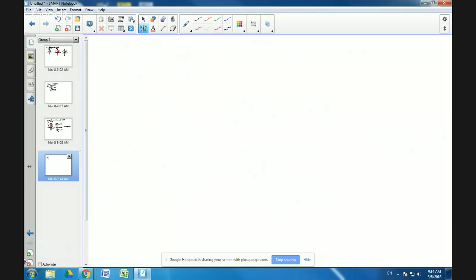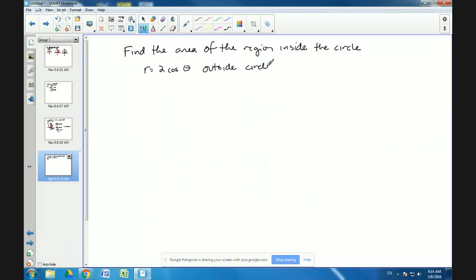Find the area of the region inside the circle r equals 2 cosine theta and outside the circle r equals 1. r equals 1, right?